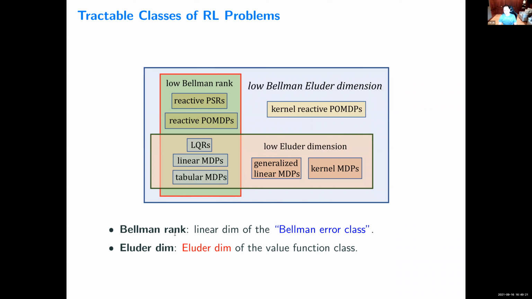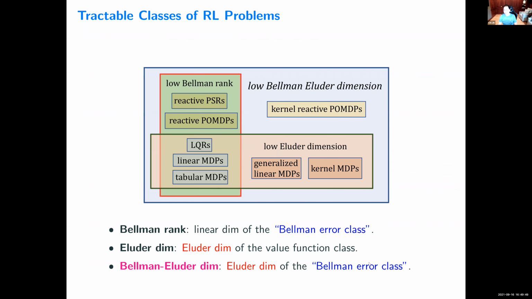It basically says I'm not looking at the function class, I'm looking at the so-called Bellman error. I have a value function class, and that will induce a Bellman error class. The Bellman rank is essentially the linear dimension of this Bellman error class. And in later work, the so-called low Eluder dimension, they look at the Eluder dimension, but they only look at the Eluder dimension of the value function class.